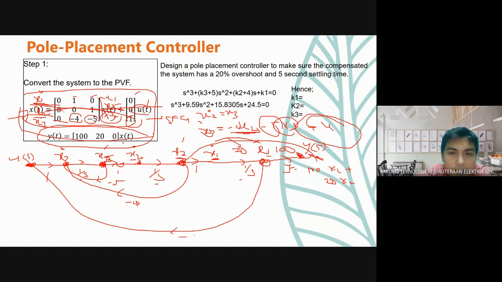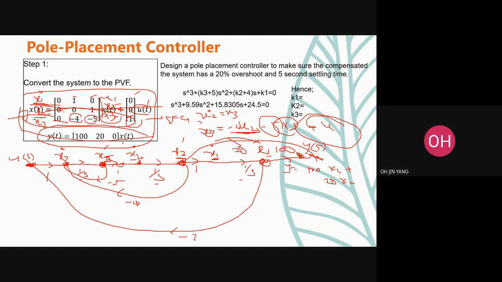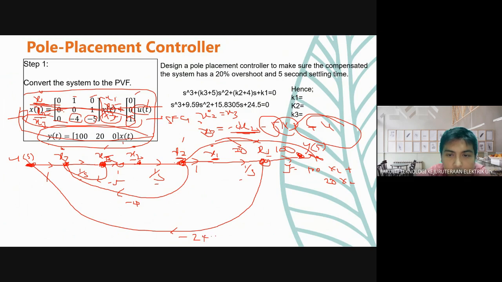According to your answer, what is the k1 value? 24.5. You just need to negate whatever value you get. And then from the x2, the feedback will be negative k2. So the k2 value is negative 11.8305.